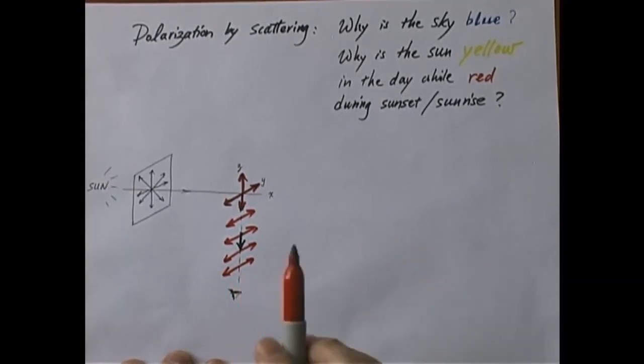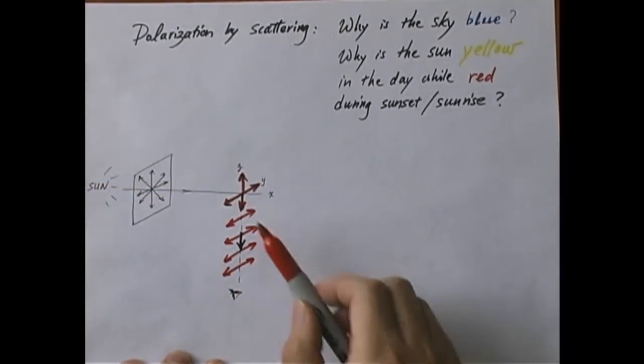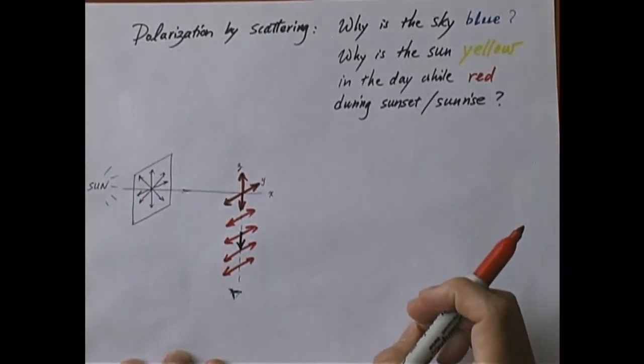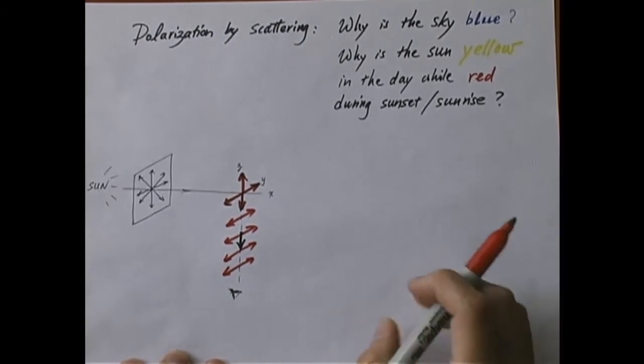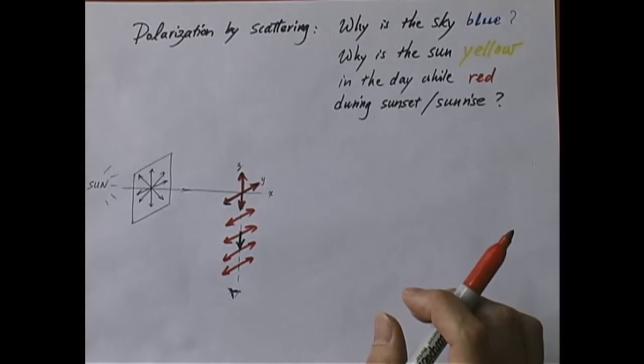So when you look sideways from the sunlight, so sun comes in, we look sideways, you find the light from the sky is partially polarized. You can actually verify that if you take a polarizer or a pair of polarizing sunglasses.